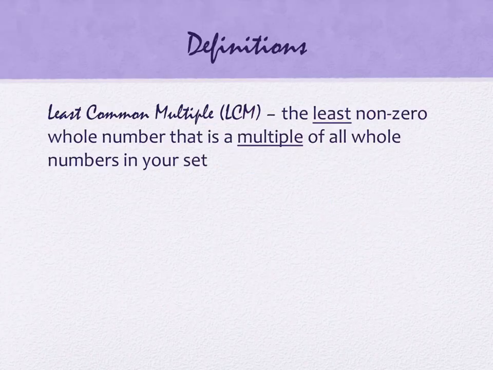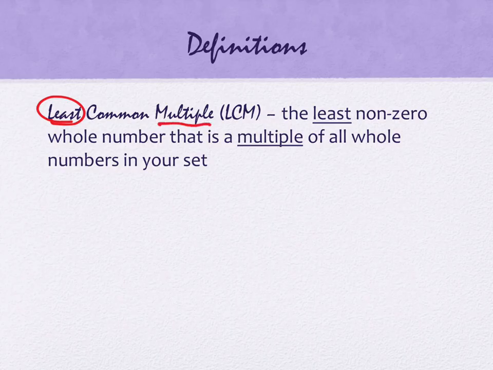The least common multiple is the least non-zero whole number that is a multiple of all whole numbers in your set. Now, it's really important to think about some grammar here. I'm not an English teacher, but this is a least common multiple. This word least does not mean it's small.